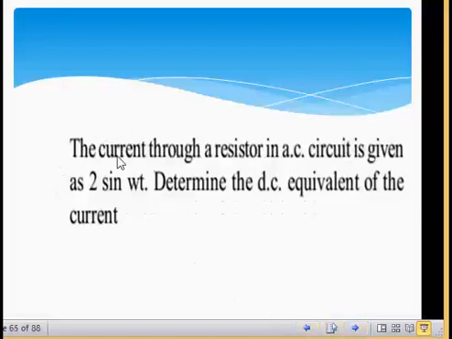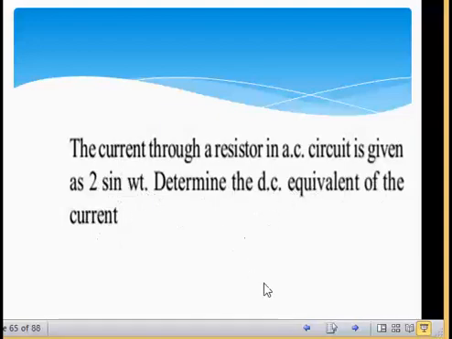Next question. The current through a resistor in an AC circuit is 2 sine omega t. So this is the current equation, and it is through a resistor, so of course there's no phase angle. Determine the DC equivalent of the current.